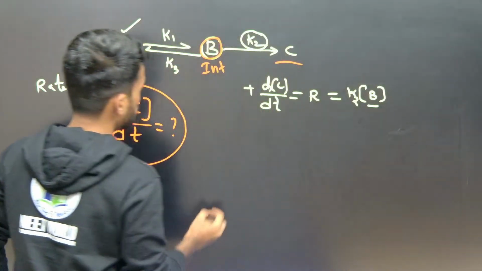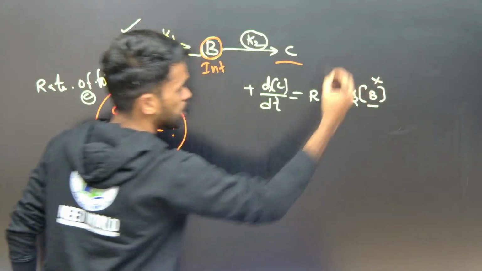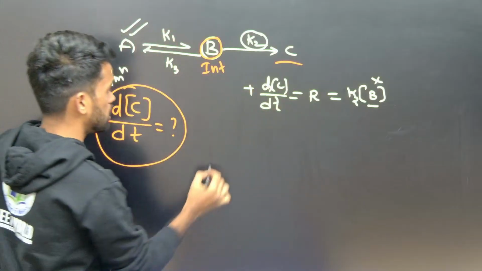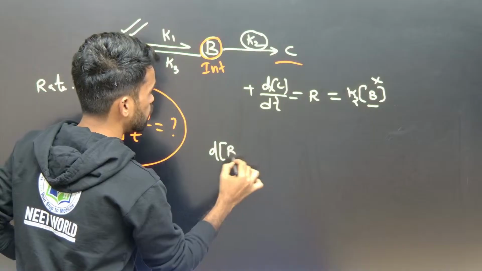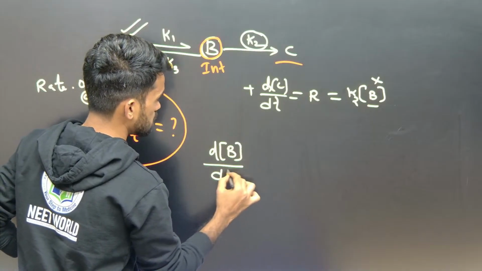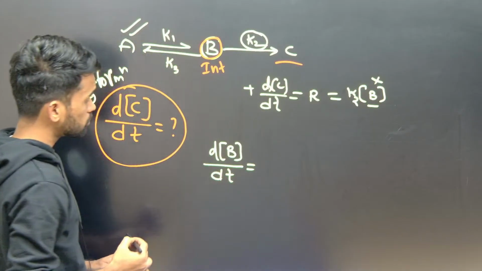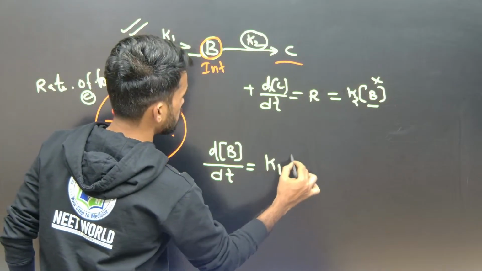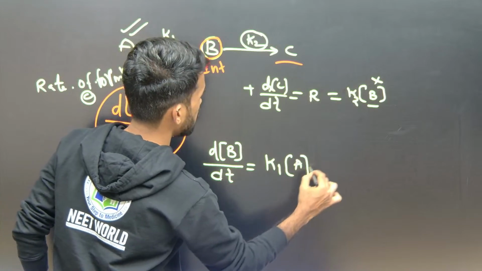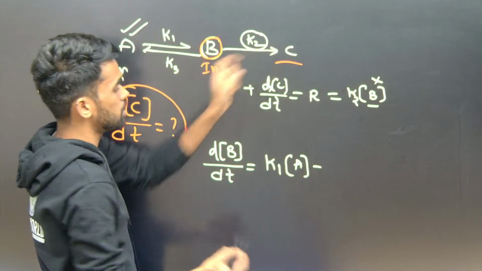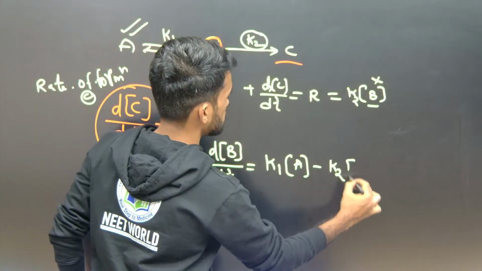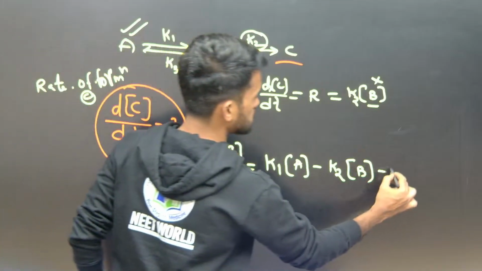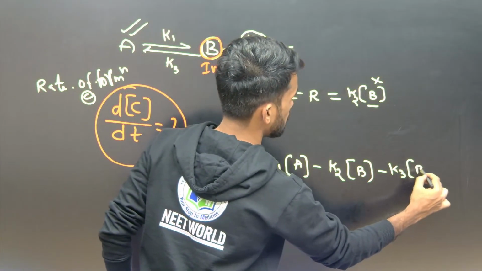So it means I need to eliminate this B from here, I should write it in terms of A. It's very simple, look here. The rate of formation or deformation of B can be written as dB by dt equals, it is forming from A, so you can write K1 concentration of A, minus it is deforming from B to C, so K2 concentration of B, again here also it is deforming, going back, so minus K3 concentration of B. Like this we need to write.